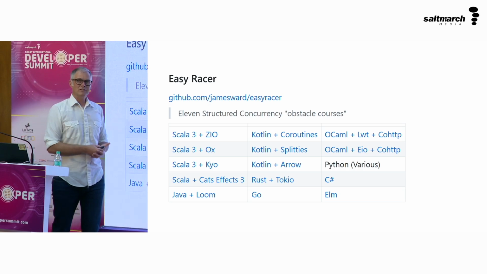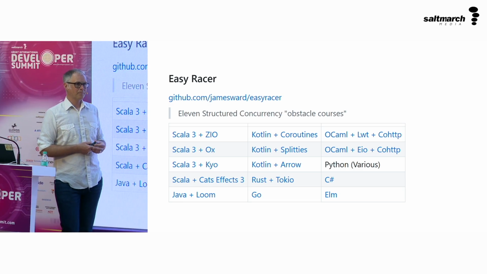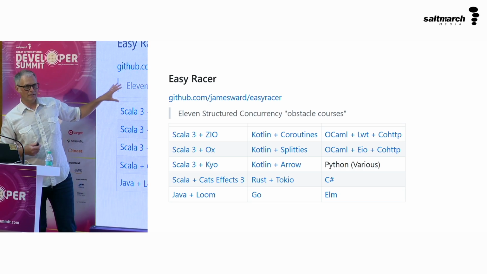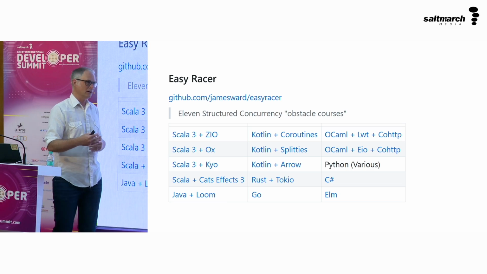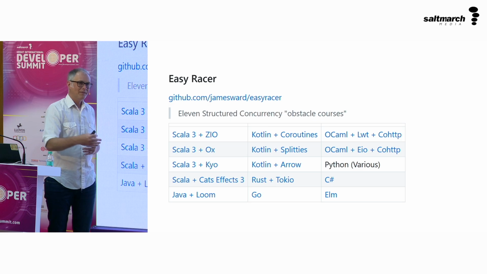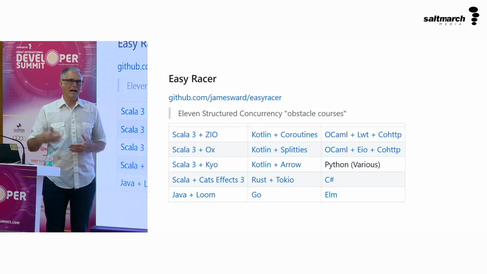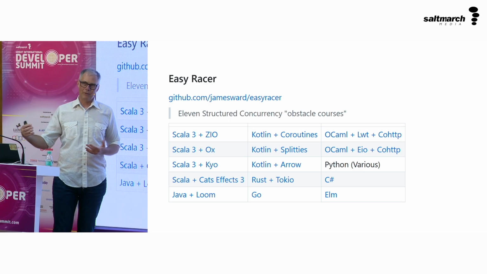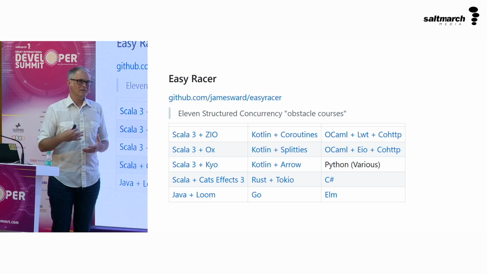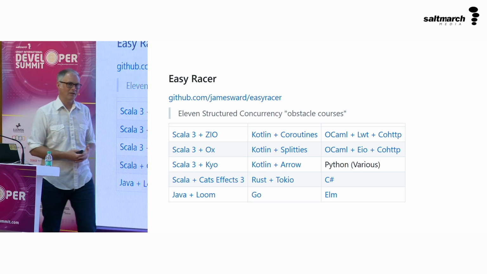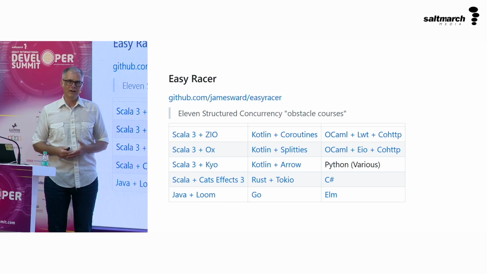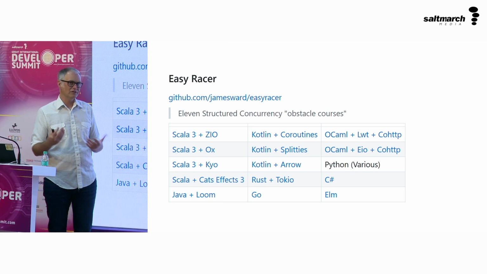So the project that I mentioned that I started building a while ago is called Easy Racer. The idea of Easy Racer was that I'm going to have some structured concurrency obstacle course things, where we see how different languages, frameworks, and libraries can tackle different obstacles in structured concurrency, and then see how they compare, how the programming model is different, and how hard it is to do certain things.